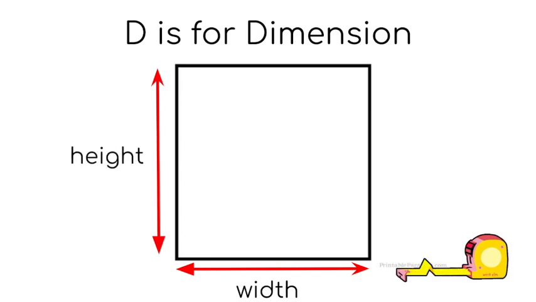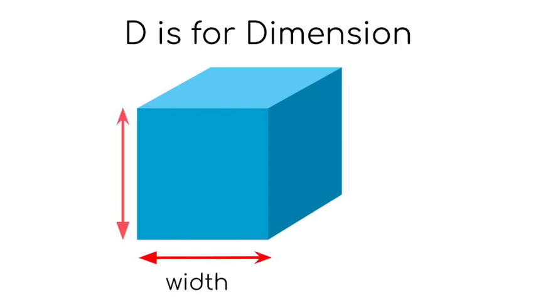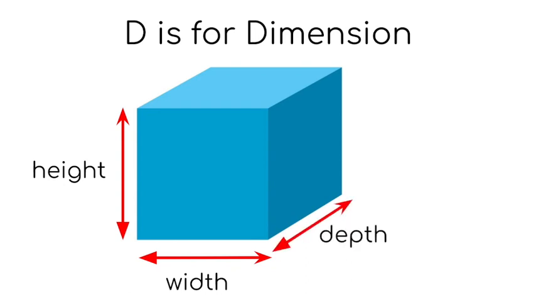Only 2 ways to measure. This is a 3D shape, meaning it has a width, a height, and also a depth. You don't need to worry too much about these fancy words. We just need to know that it is 3D when we look at it. So let's look at some 3D shapes.